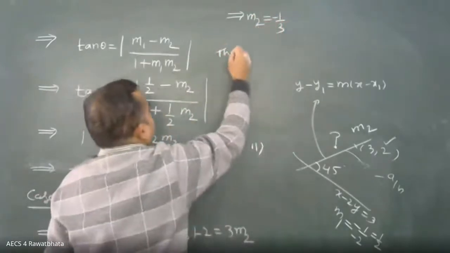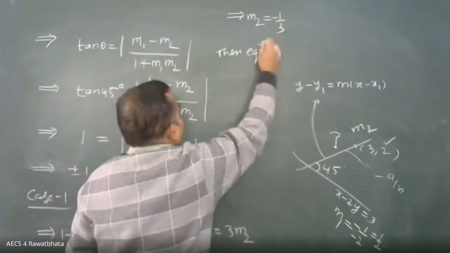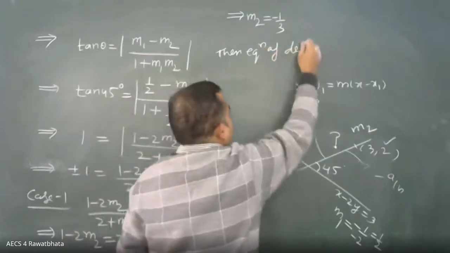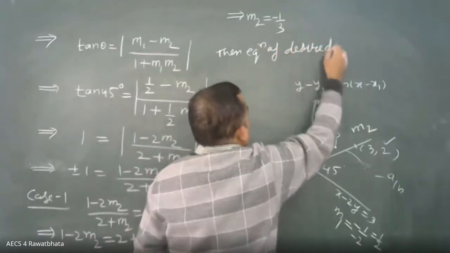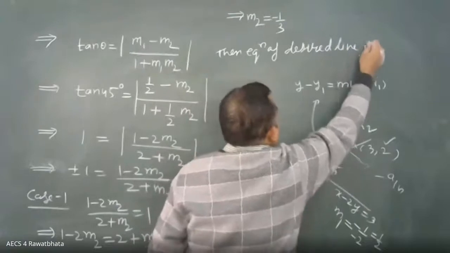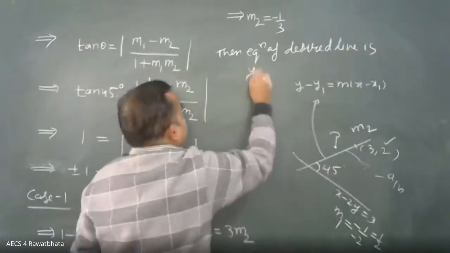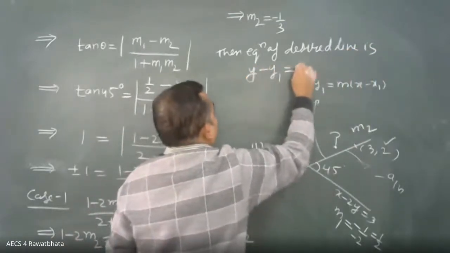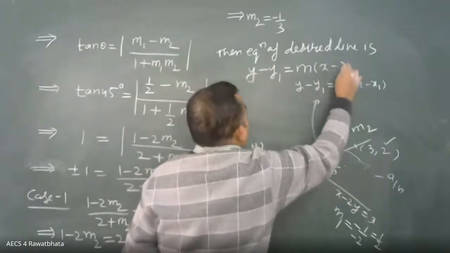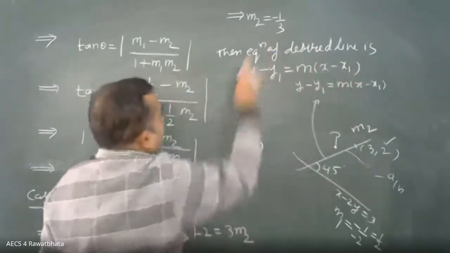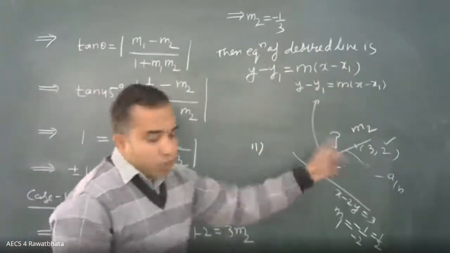Then the equation of the desired line, the formula is y minus y1 is equal to m into x minus x1. M is what we have just got, and x1, y1 is 3 comma 2.